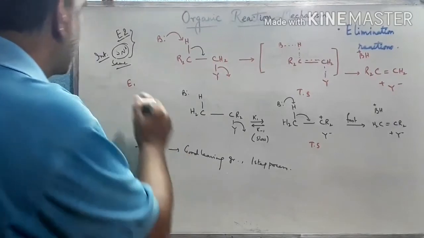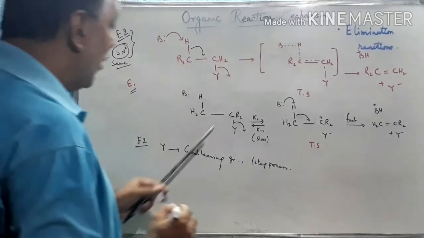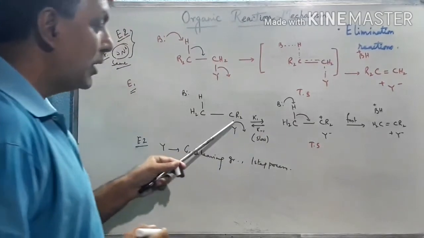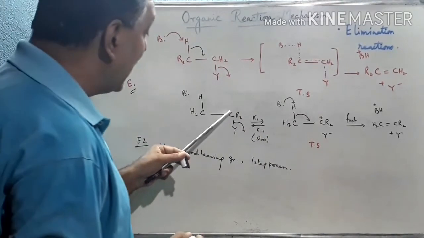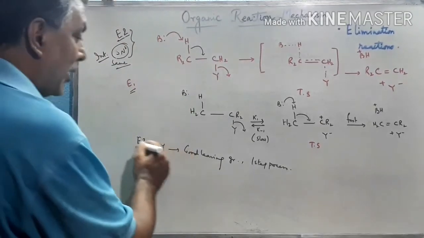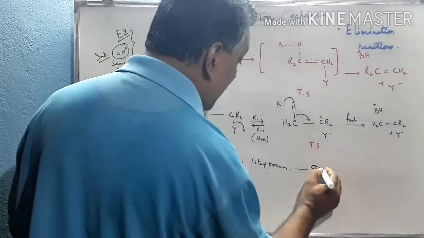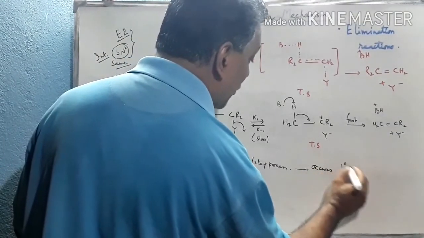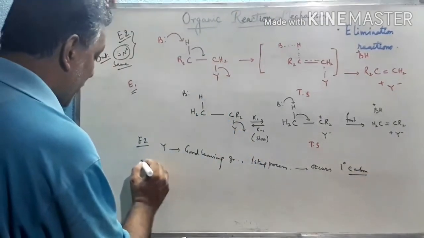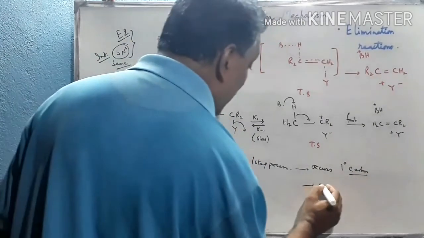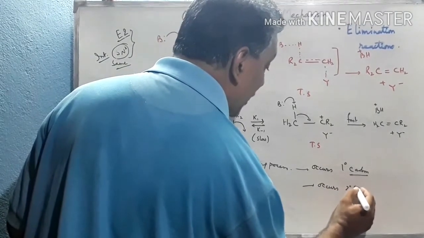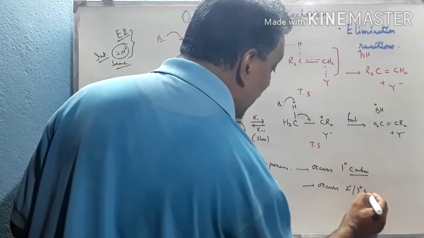Now see the mechanism of E1. First, Y minus dissociation. It is actually a two-stage process. The first step is the slow bond dissociation. This is a 3 degree alkyl halide, and this is 1 degree. In case of 1 degree carbon atom, E2 occurs, but E1 occurs in case of 2 degree or 3 degree carbon atoms.